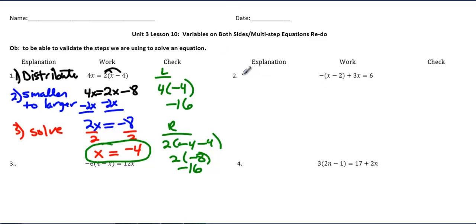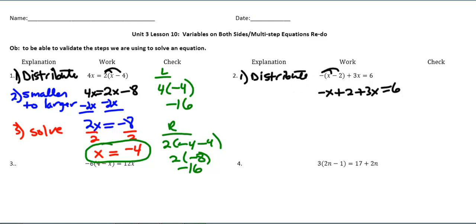Again, looking at this, my first step in this problem again is to distribute. So when I do that, I'm distributing a negative 1 here. I end up with negative x plus 2, negative times negative is positive, plus 3x equals 6.